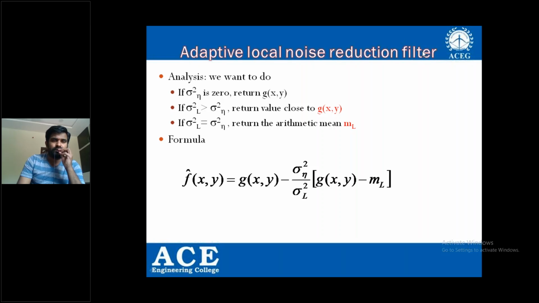Similarly, in order statistics filters, we use the median, maximum or minimum, and the other one is the alpha trimmed mean filter. Like that, we have this adaptive filter, and in this adaptive filter, we find the estimate by using this particular relation, right?